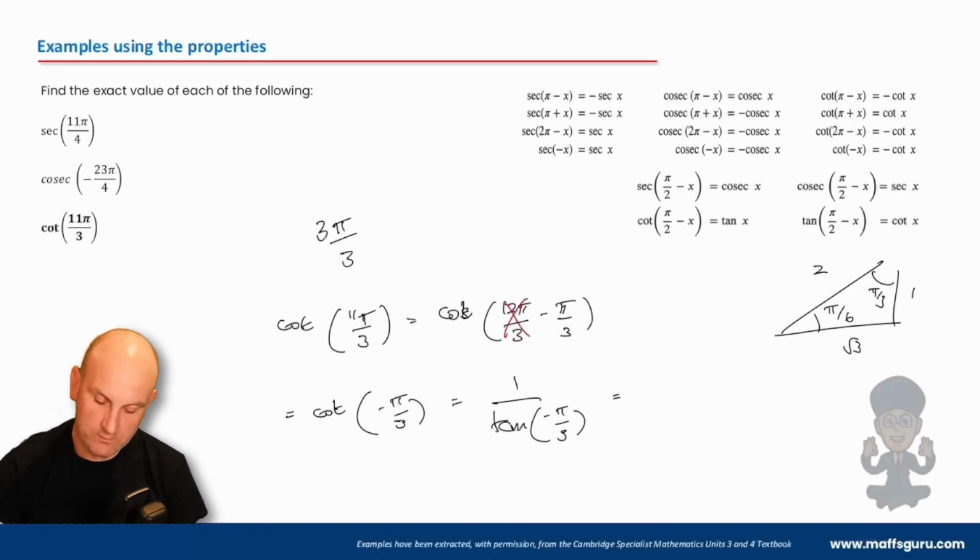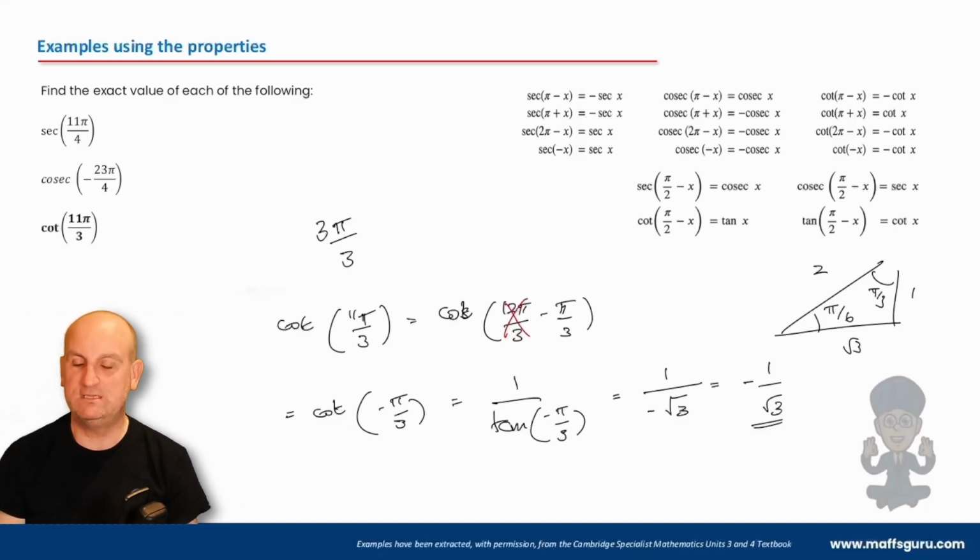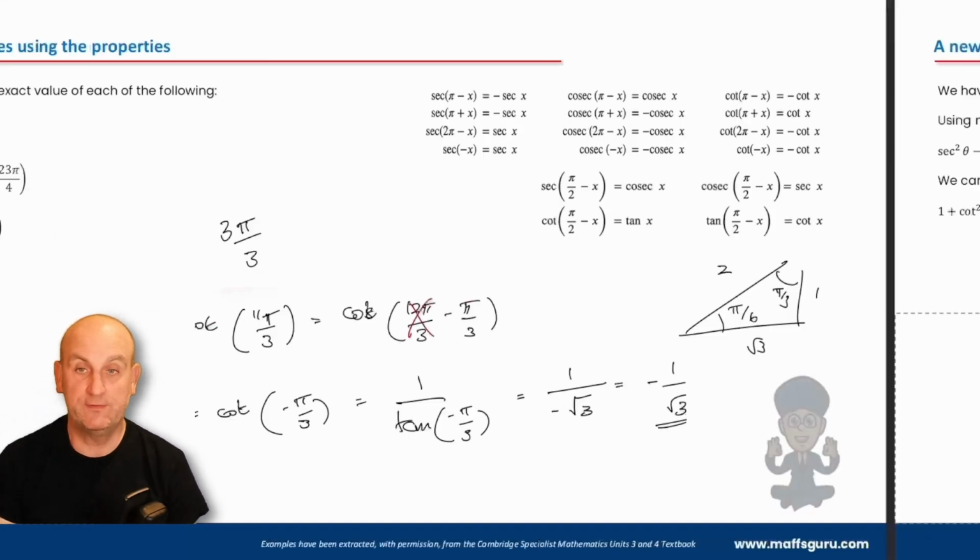So we've got 1 on root 3, which is going to be minus because we're looking at the tan in the places that are negative. So that gives me minus 1 on root 3. Sorry, my brain was working rather than teaching there, but ultimately using the same idea.